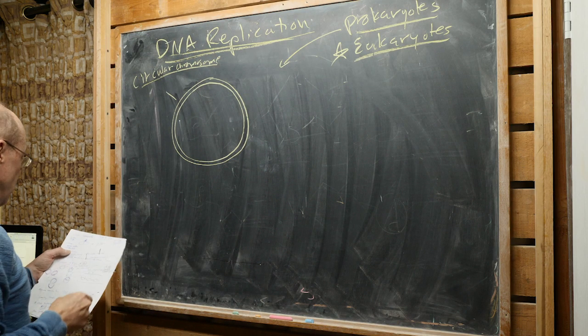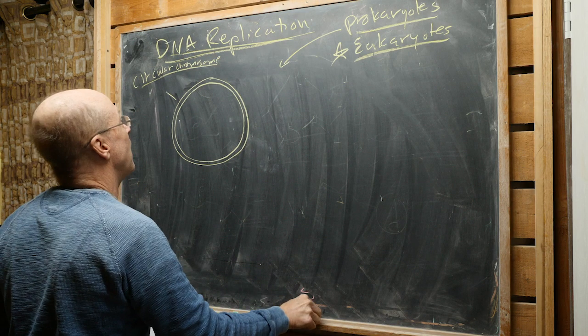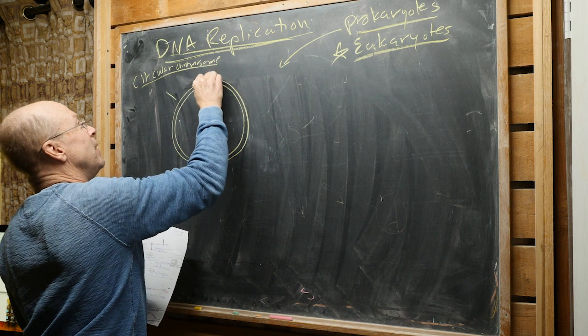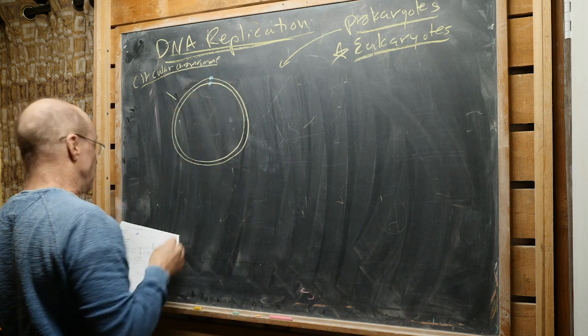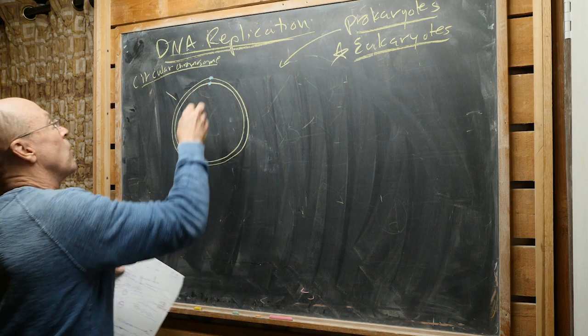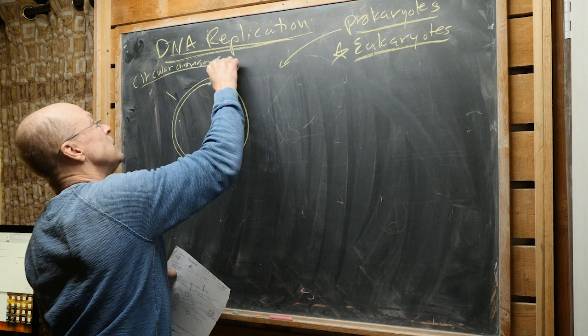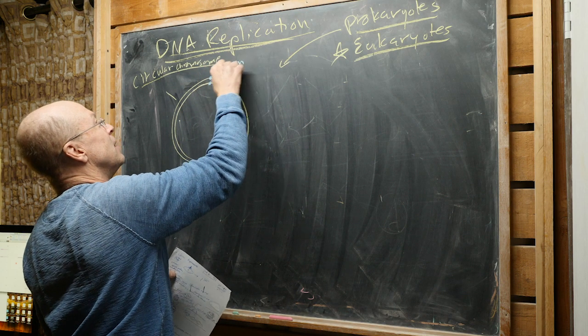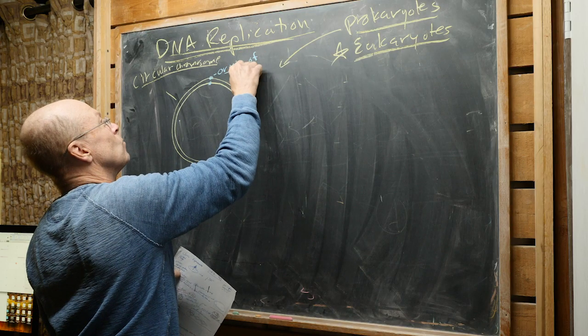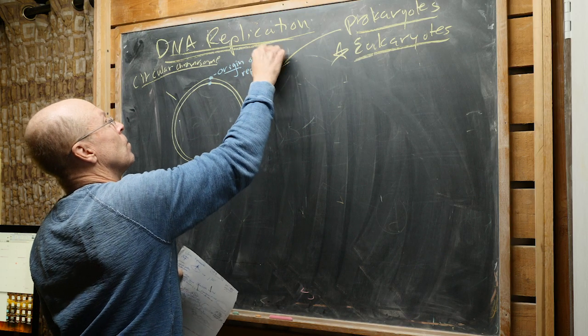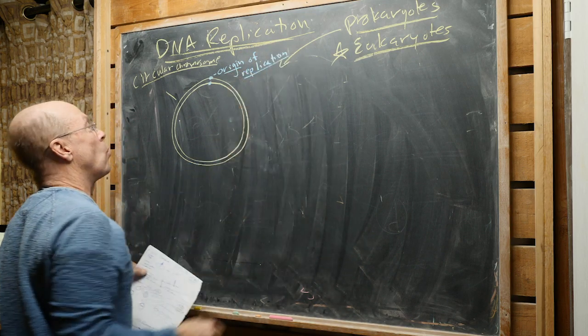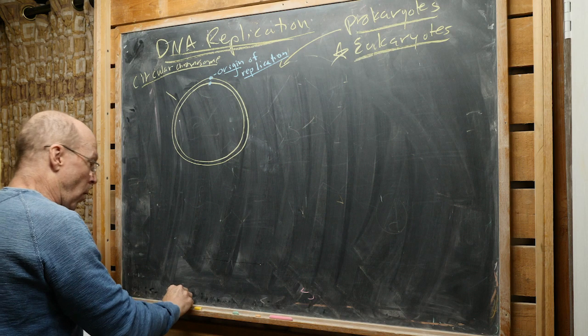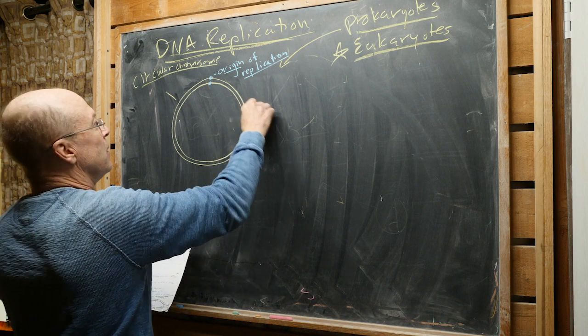It's a circular chromosome, and what we're going to identify is a point here on this circular chromosome that we are going to call the origin of replication. Origin of replication. What we're going to see happen is breaking.